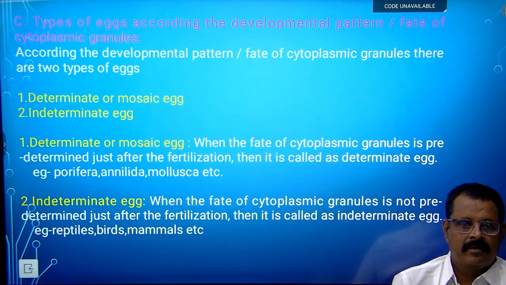These eggs are found in Porifera, Annelida and Mollusca. Second is indeterminate type of egg. When the fate of cytoplasmic granules is not predetermined just after fertilization, it is called an indeterminate egg. Examples are reptiles, birds, mammals.